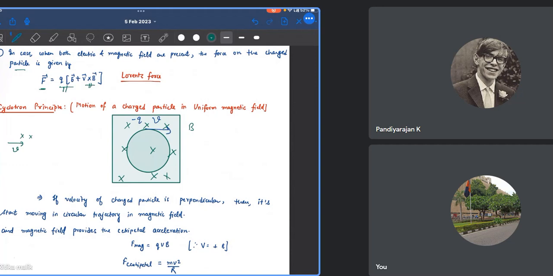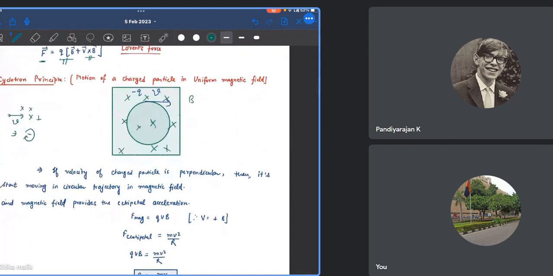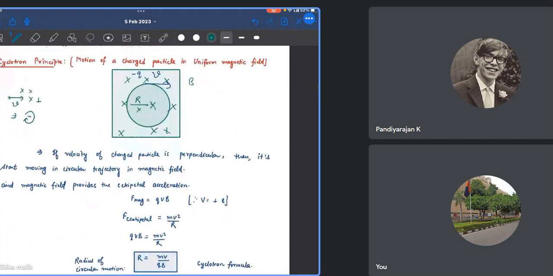It is known that if the velocity component is perpendicular to the magnetic field, then it will start a circular motion. Since circular motion is accompanied by a centripetal force, the centripetal force and the force created by the magnetic field are going to balance each other. And from there, we can calculate the radius of the circular motion of the particle.